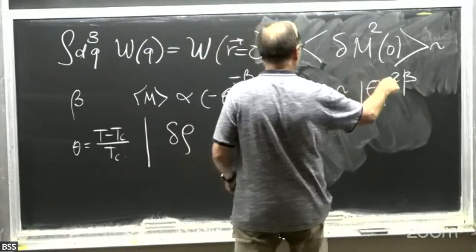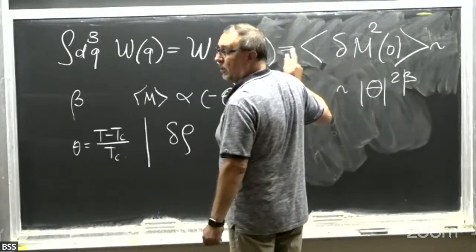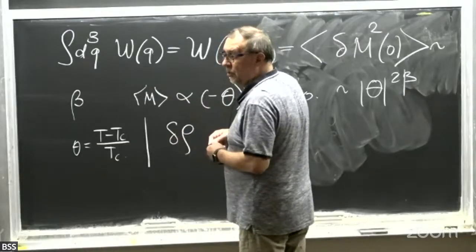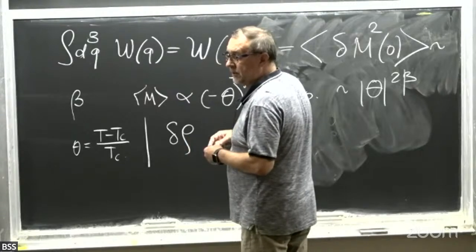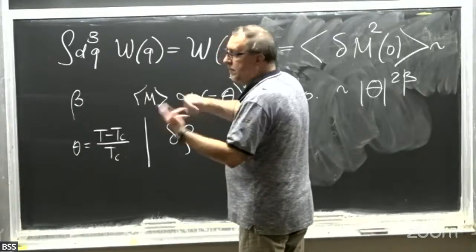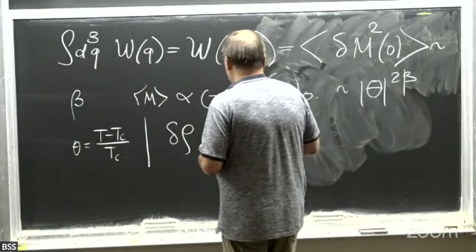This is going to be positive. Yeah, this is positive. Fluctuations become smaller because you're going into the ordered state. Yeah, but this is from above. Either above or below, doesn't matter. Fluctuation becomes small.